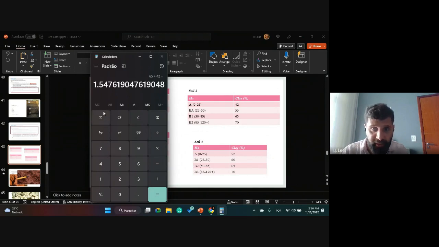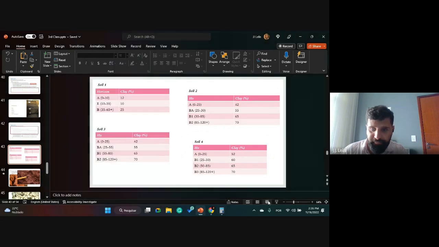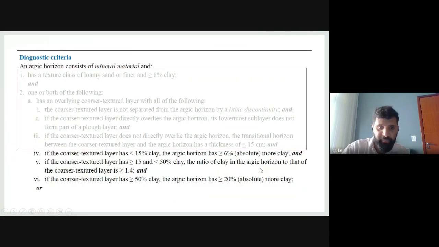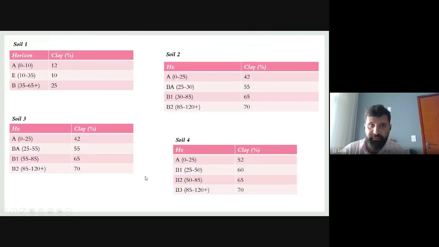In this specific case, the ratio is 1.5, higher than 1.4. So the soil 2 also presents an argic horizon, because the B1 horizon is an argic horizon. Again, we follow the criteria to identify an argic horizon in the soil 2.